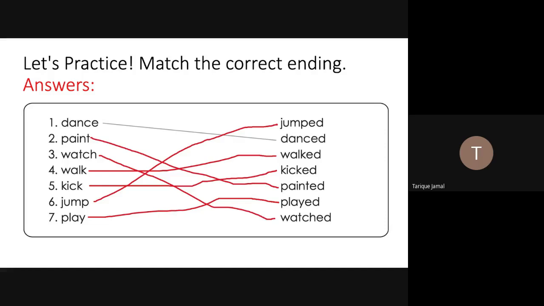We had that as an example, right? Just add ed. Kick, add ed. Jump, right? And then play, we also showed that in the examples earlier. That is just add ed, play, played.